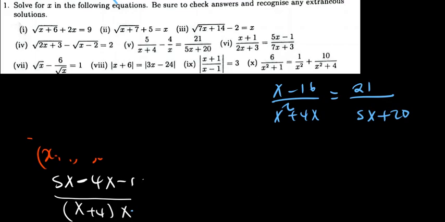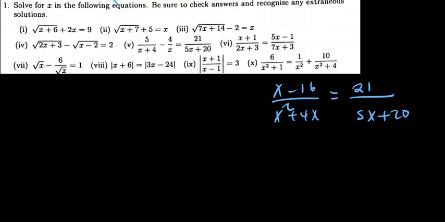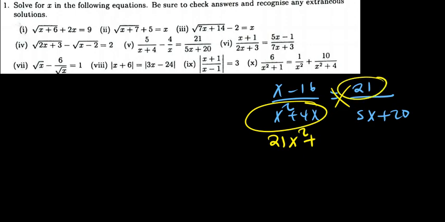At this point now, I can clearly see that I can cross multiply. So if I cross multiply here, I'm going to say 21 times x squared is going to be 21x squared, plus 21 times 4x. I'm multiplying this and 21. So 4 times 21 gives me 84x.